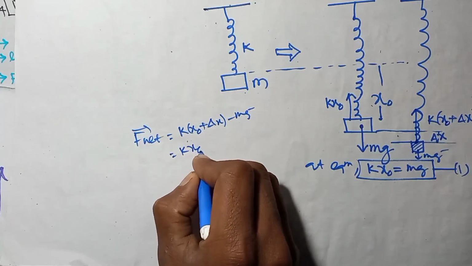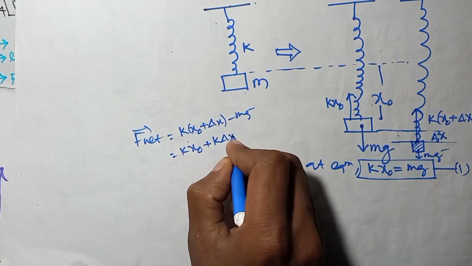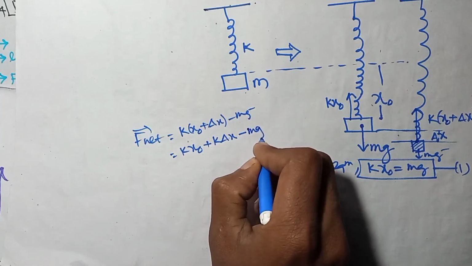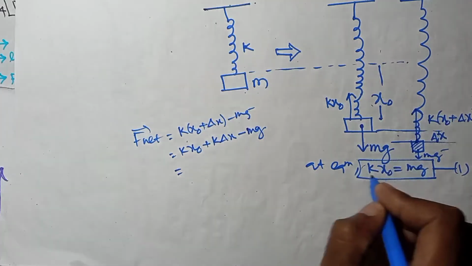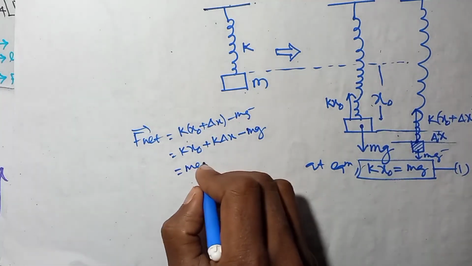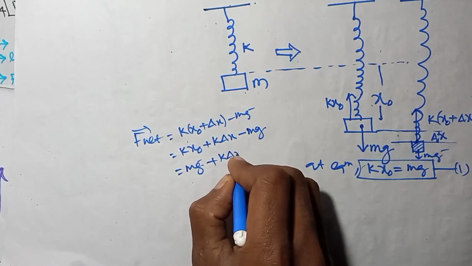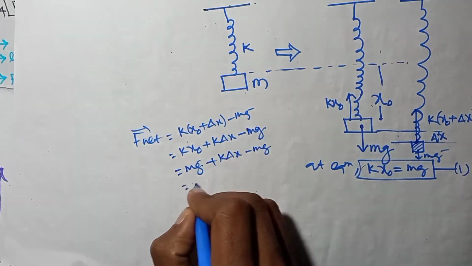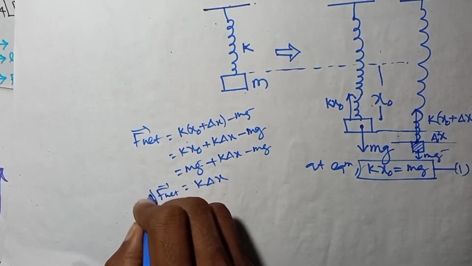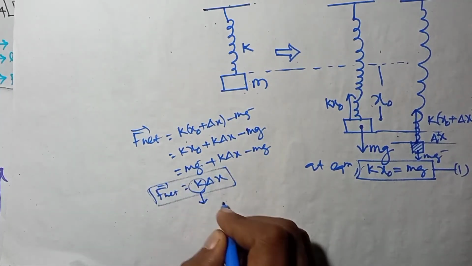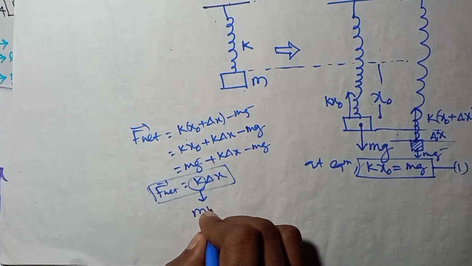So it will be k x naught plus k times delta x minus mg. But we know that k x naught is nothing but mg. So it will be mg plus k delta x minus mg, which is k times delta x. That is the force F, and we just put this k to be m omega square.